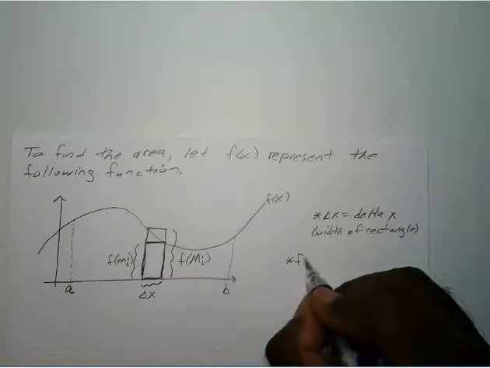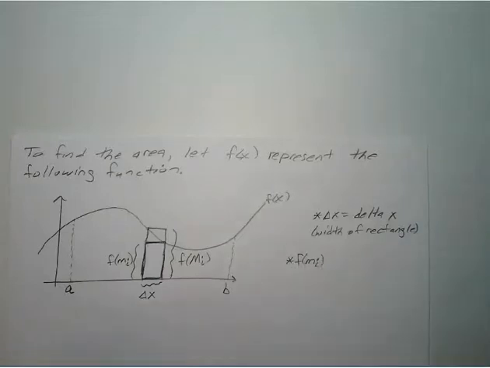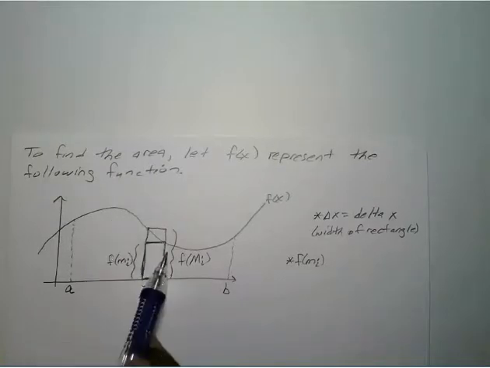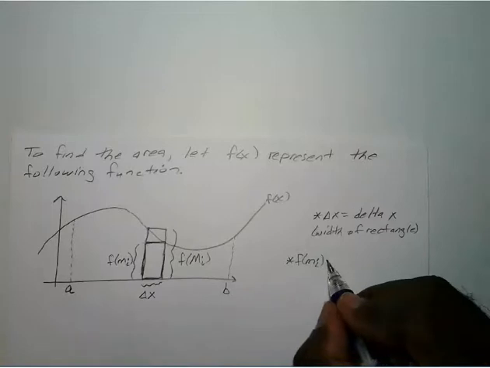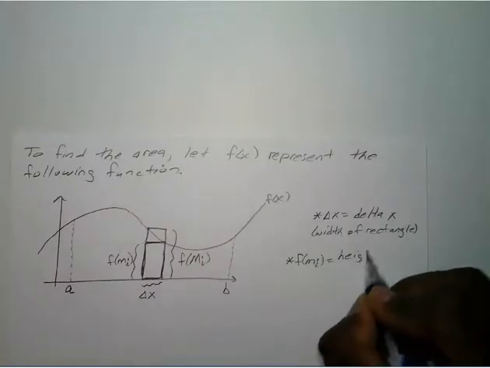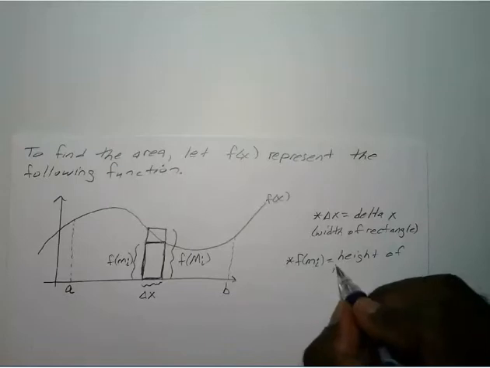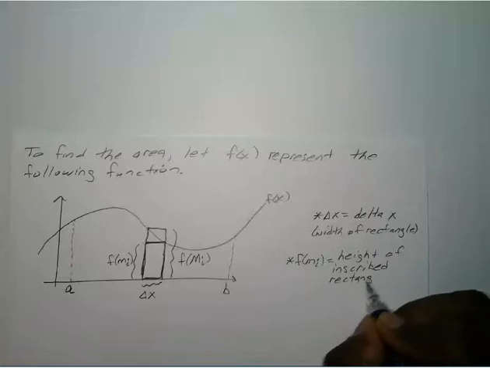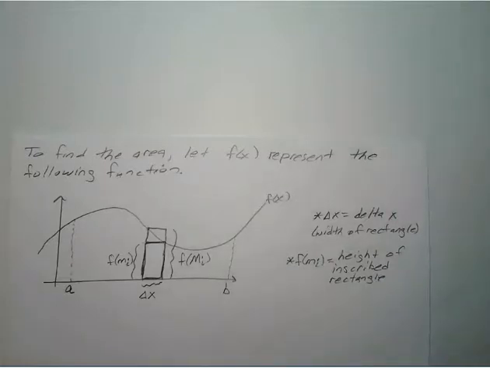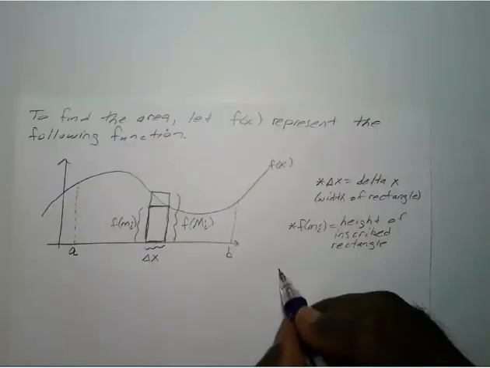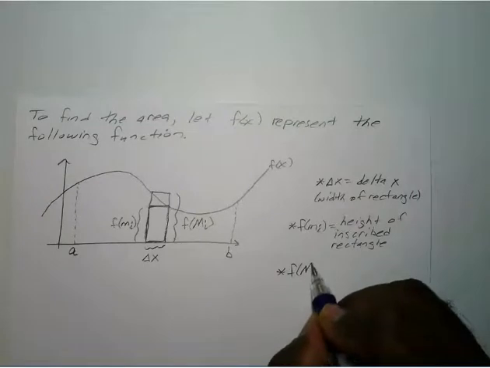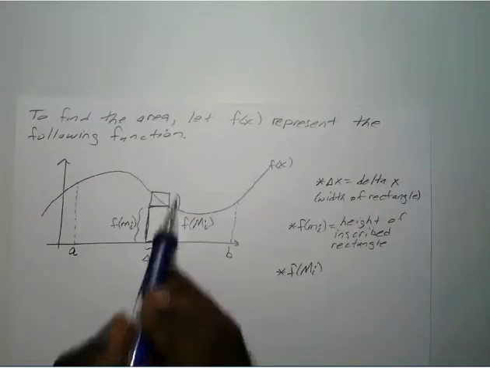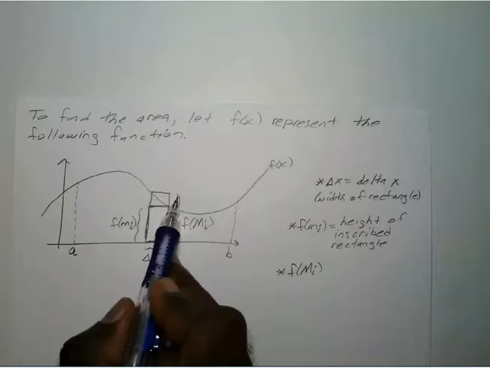Our f of lowercase m sub i is the height of our inscribed rectangle, which is decreasing, so our right endpoint touches it. And our f of uppercase M sub i is the height of our circumscribed rectangle.